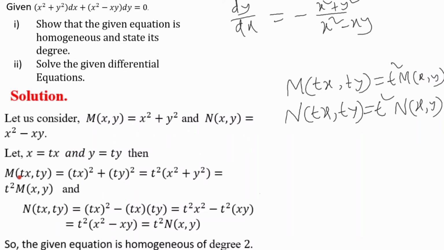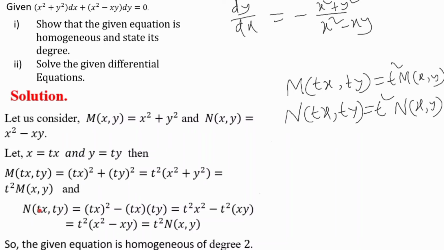We put x equals tx, y equals ty in M, then we get (tx) whole square plus (ty) whole square. After that we get t square (x square plus y square). That means we can write this as t square M(x,y), because x square plus y square is equal to M(x,y).